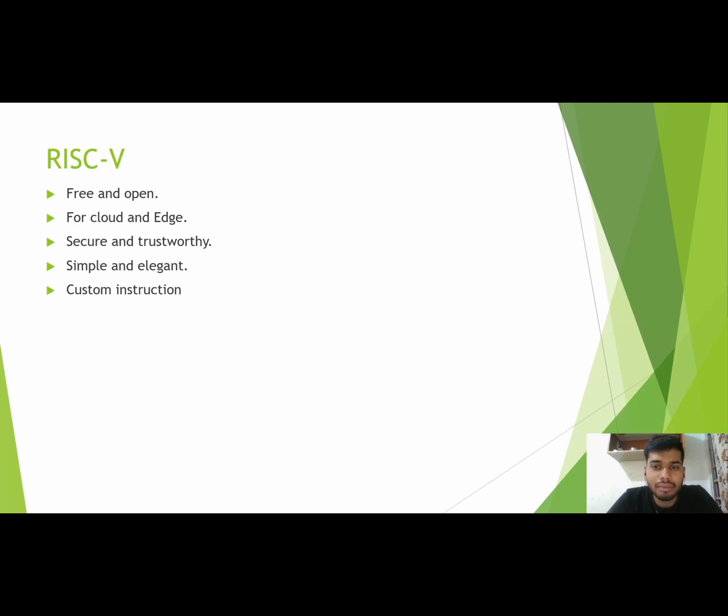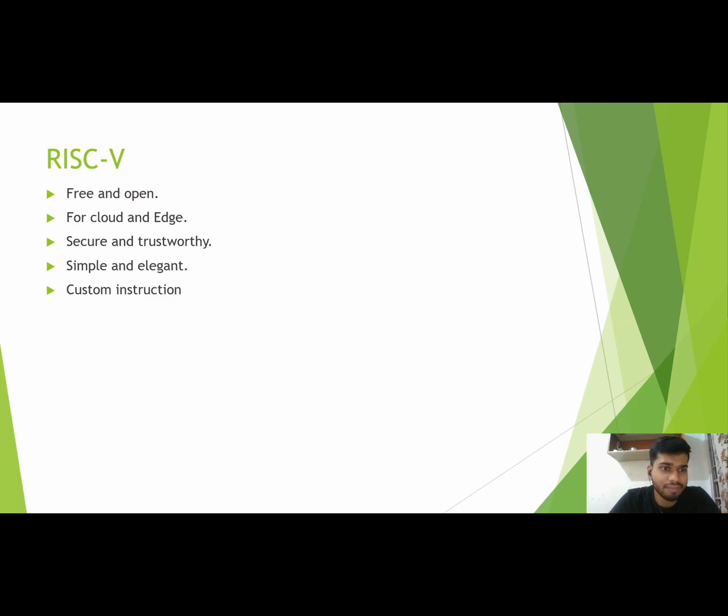It can add custom instructions, so it can be developed according to what a particular organization or architecture needs. Again, input from software and architecture experts before finalizing the ISA is being done.